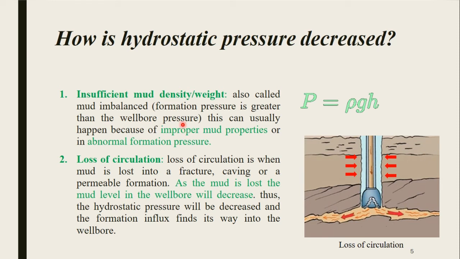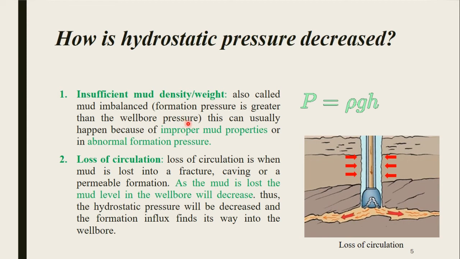This insufficient mud density is a result of two factors. Either the mud properties are poorly dealt with, for example, maybe the concentration of clay in the mud is not as much as it should be, or because of some other reason. Because clay is a main ingredient for increasing mud density.